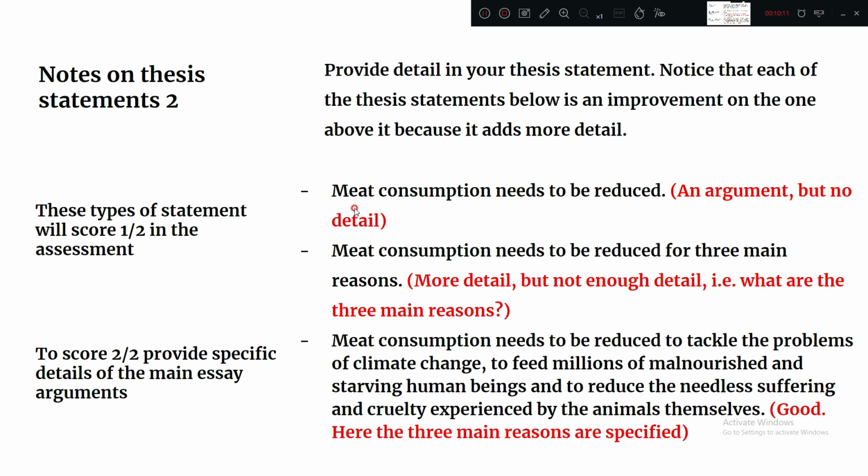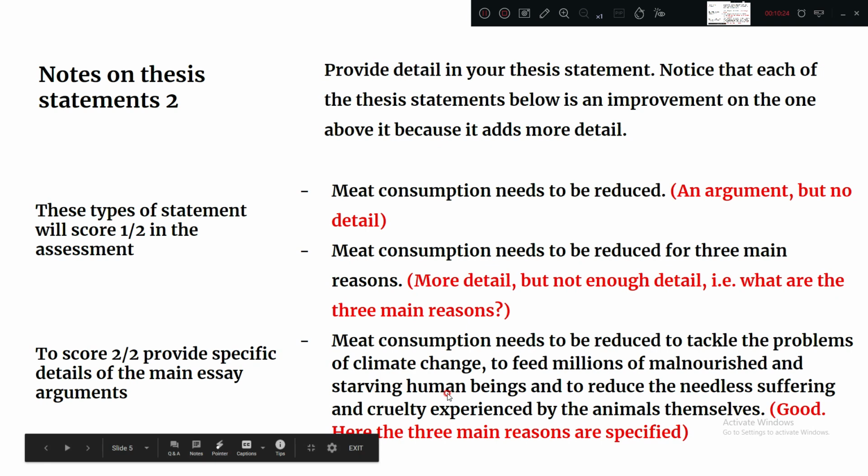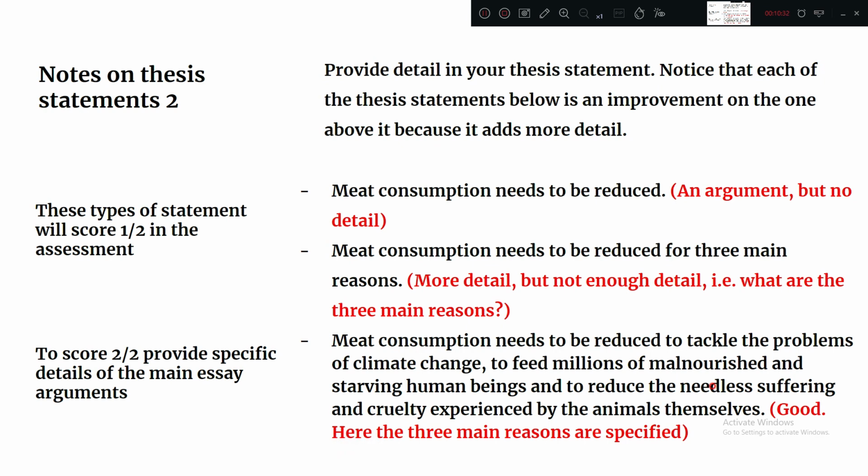So we would say meat consumption needs to be reduced. That is the clear part. Why? To tackle the problems of climate change, number one. To feed millions of malnourished, starving human beings, number two. And to reduce the needless suffering and cruelty experienced by the animals themselves.